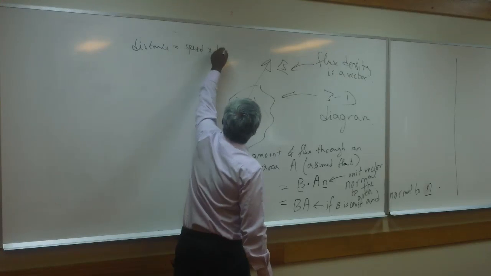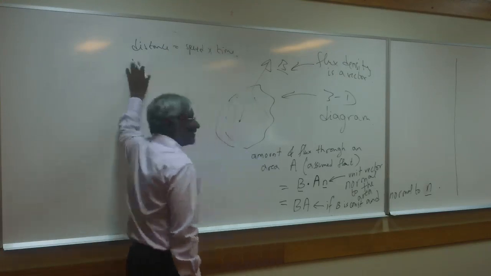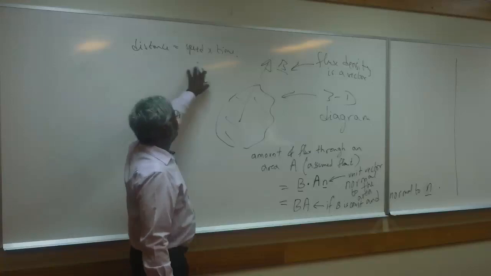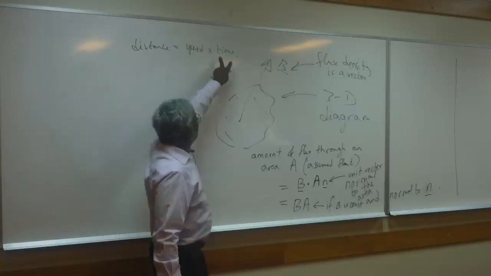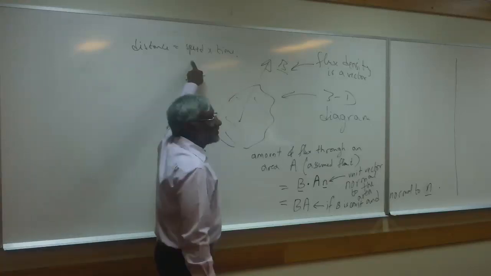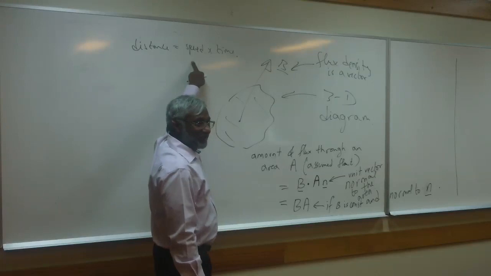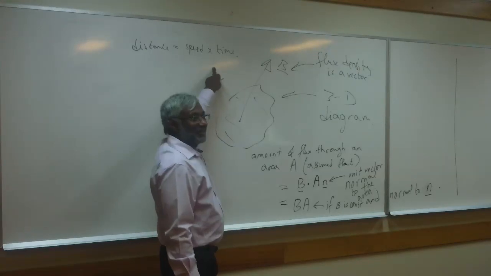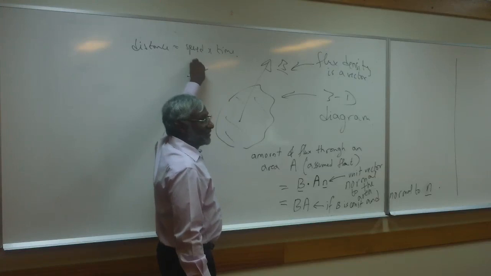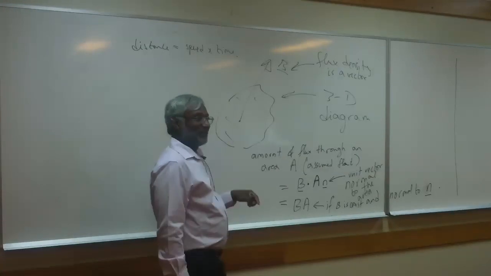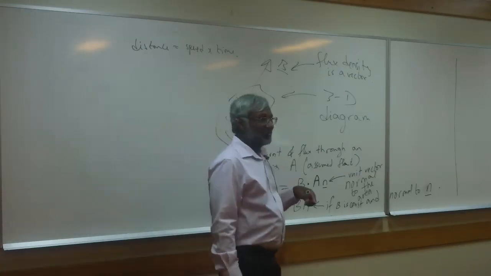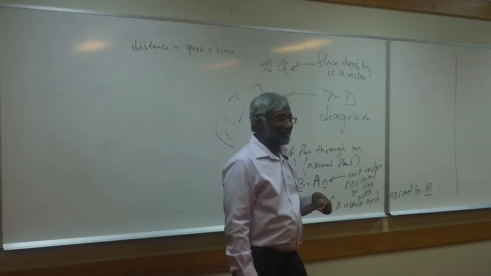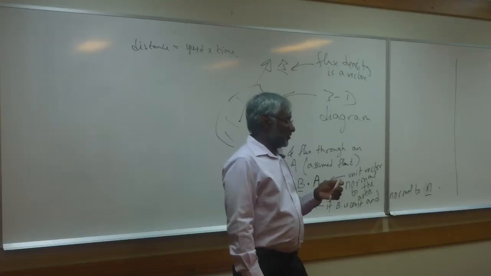So this is a multiplication. But that's only true if during that time the speed was constant. So what happens to multiplication when this is not constant? What happens to multiplication? You know the answer.